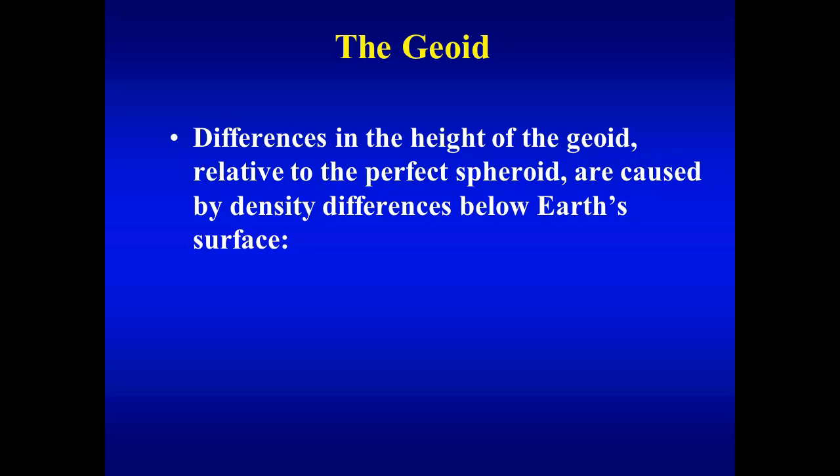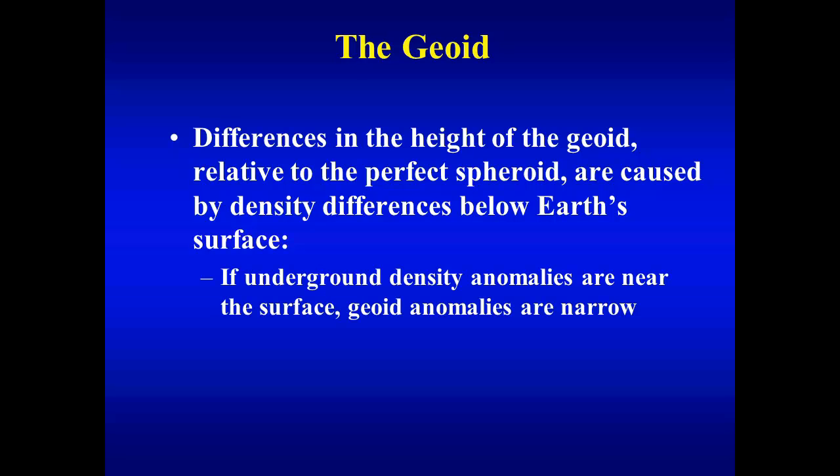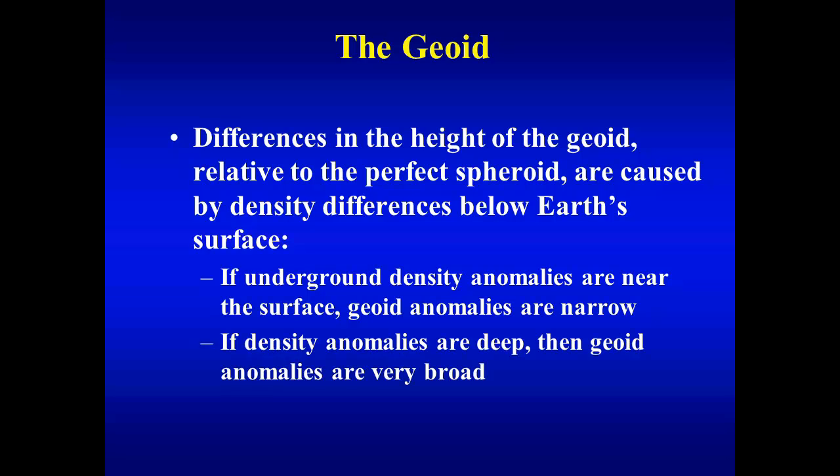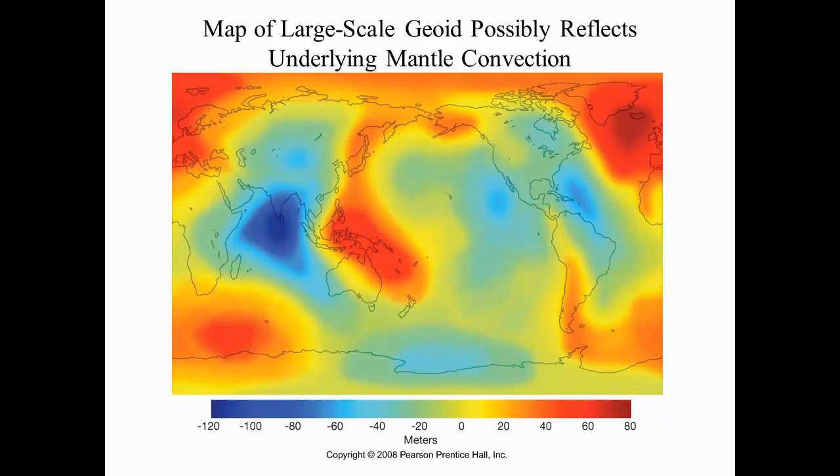As a matter of fact, this word slide: differences in the height of the geoid relative to a perfect spheroid is caused by density differences below Earth's surface. If underground density anomalies are near the surface, geoid anomalies tend to be narrow, whereas if density anomalies are deep, the geoid anomalies tend to be very, very broad.